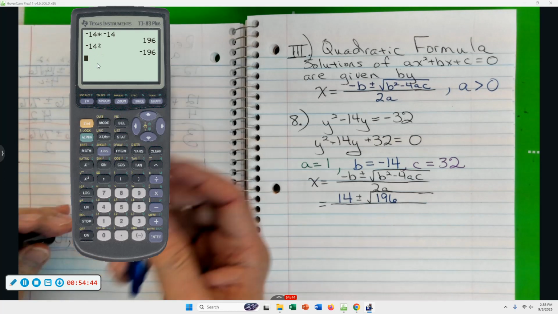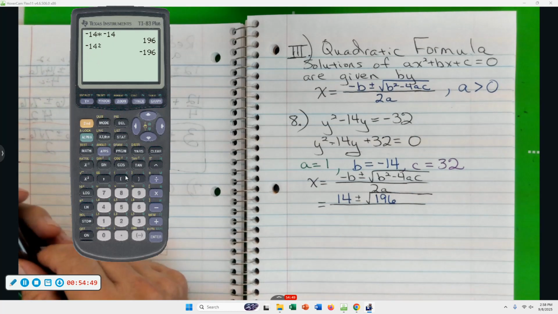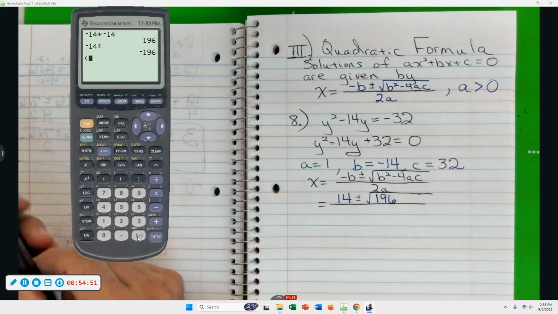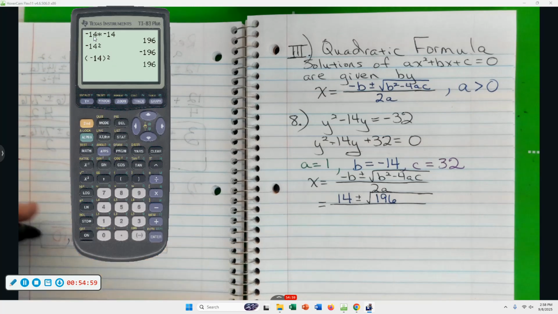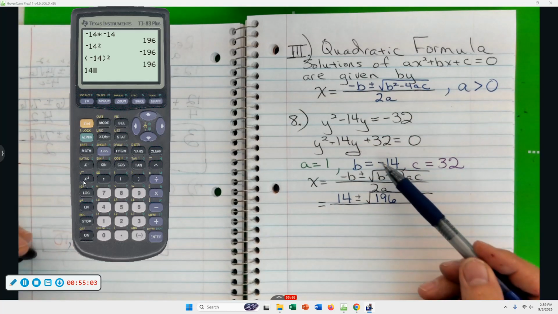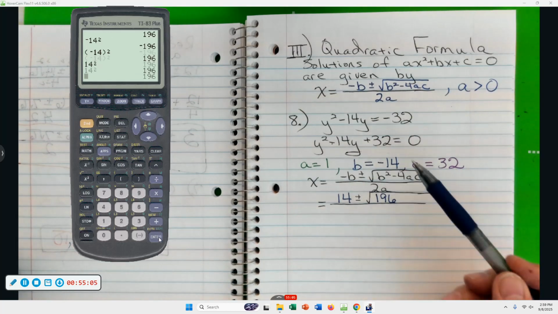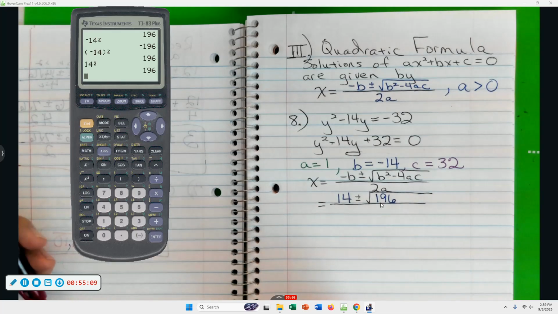Maybe yours does, but not the TI models. You have to put it in parentheses. My advice to you: you know a negative squared is going to be positive, so don't even mess with that negative when you're punching it into the calculator. I knew negative times negative is positive. What's 14 times 14? I wrote down my 196.